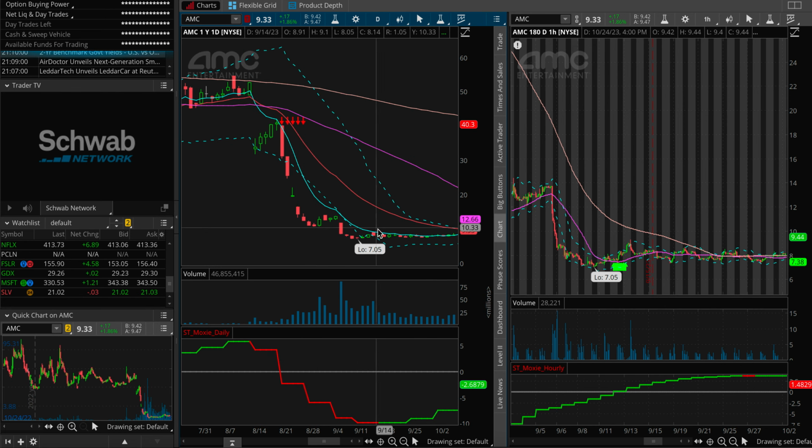But anyways, getting to this point right here at $7.05, we can see that it's oversold because it's under our Bollinger Bands. Now, if it's above this Bollinger Band right here, that means that it's overbought. And I will show an example of that later.